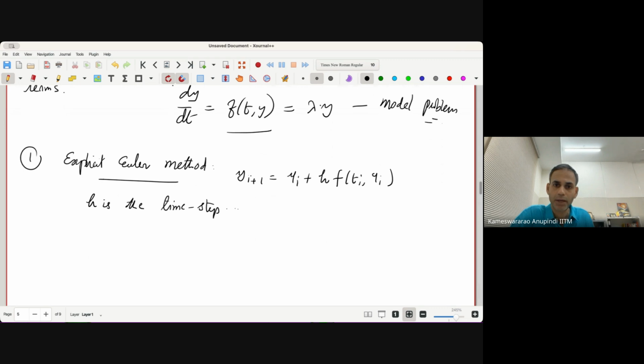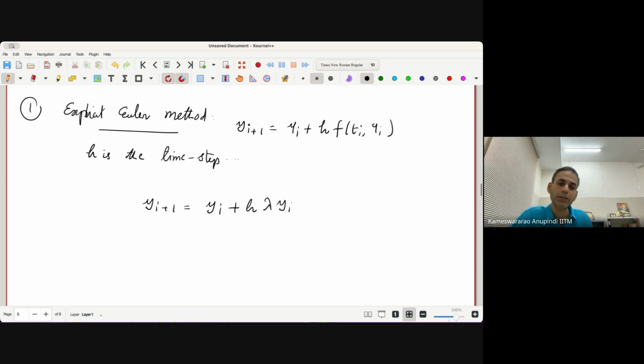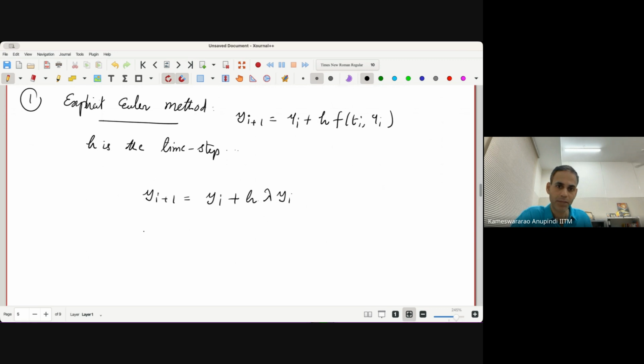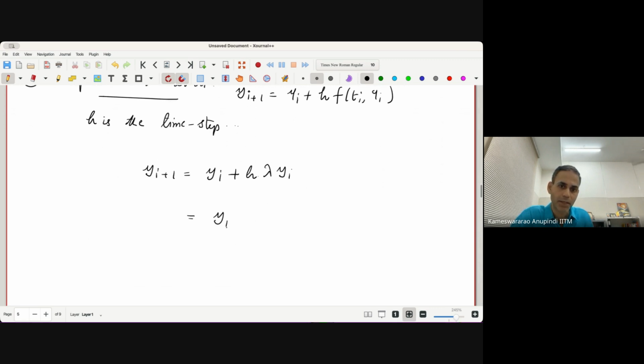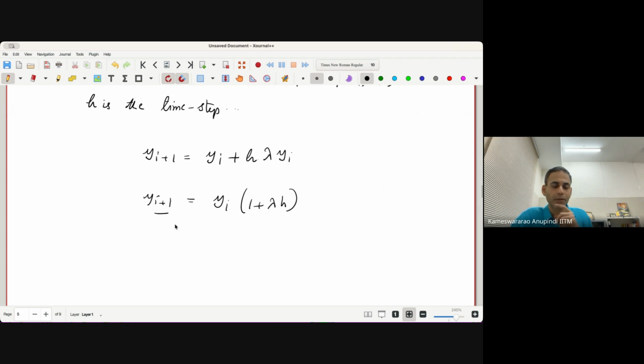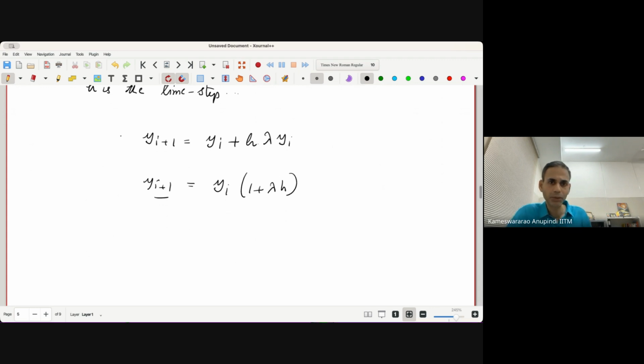In this case, y i plus 1 equals y i plus h times lambda y i. That means I can write this as y i times 1 plus lambda h. This is y i plus 1.